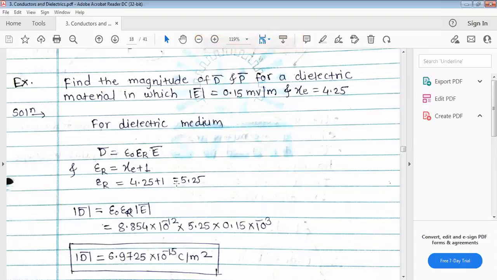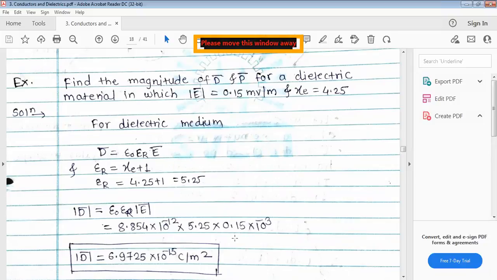Epsilon 0 is 8.854 into 10 raised to minus 12, epsilon R is 5.25, and mod of E bar is 0.15 millivolt, where milli means 10 raised to minus 3.